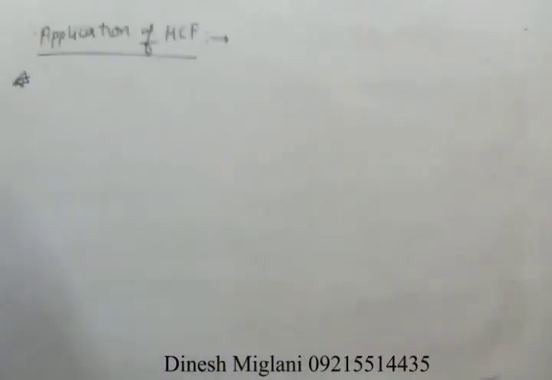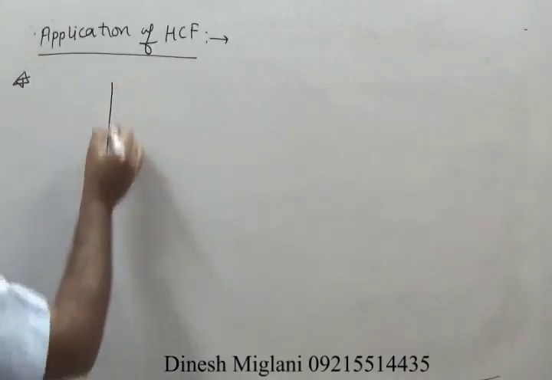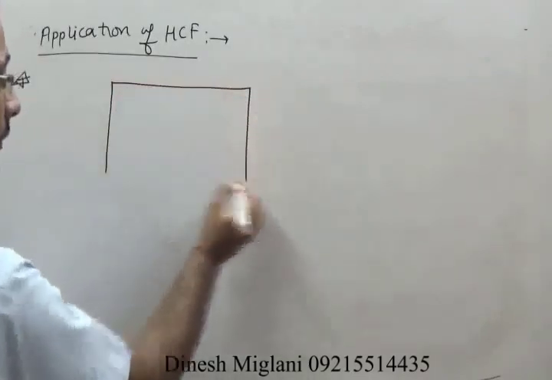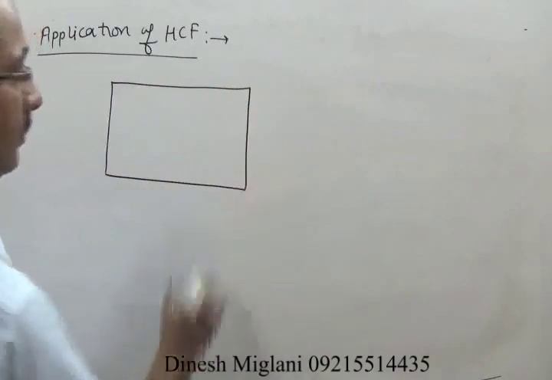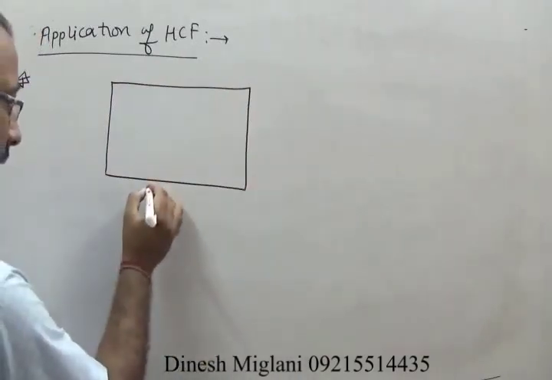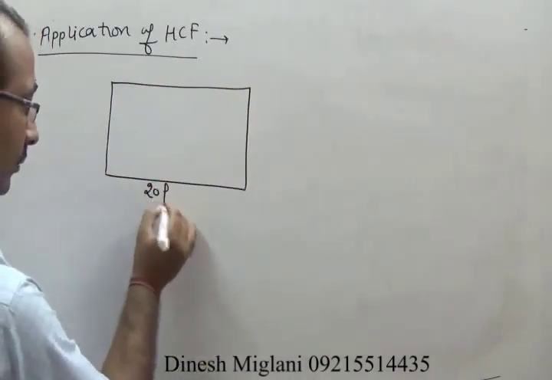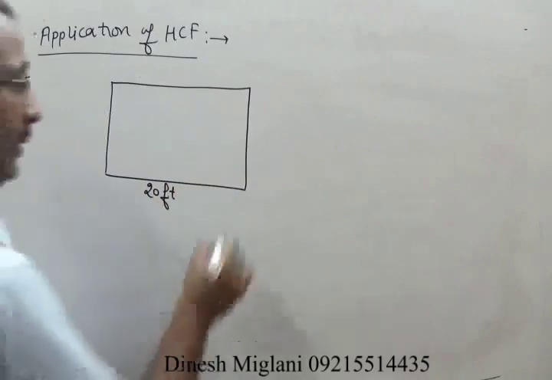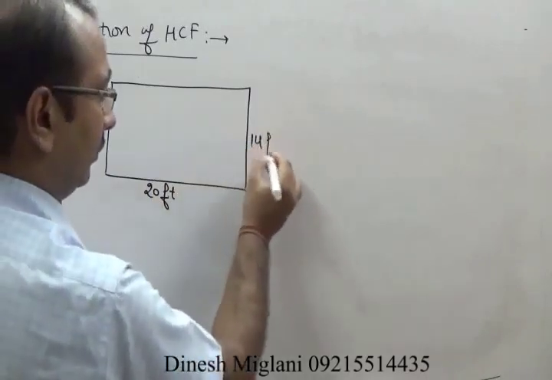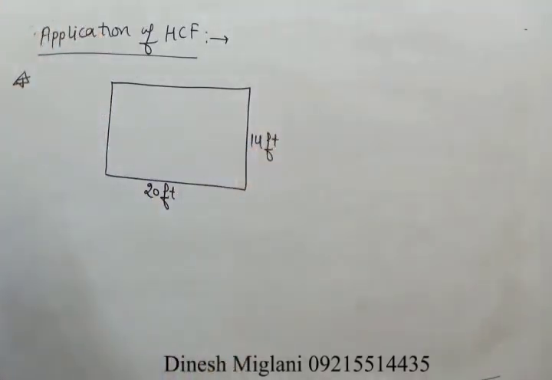Now the second application of this concept of HCF is a very important question also. One piece of cloth is given, a rectangular piece whose length is 20 feet and breadth is 14 feet.